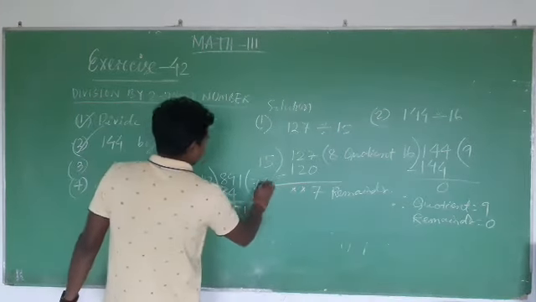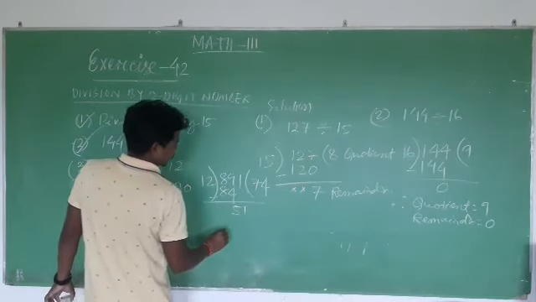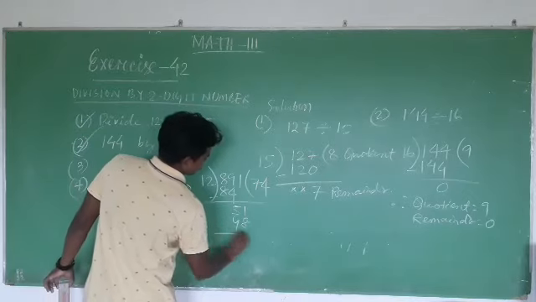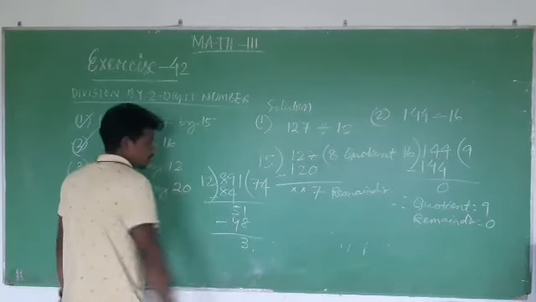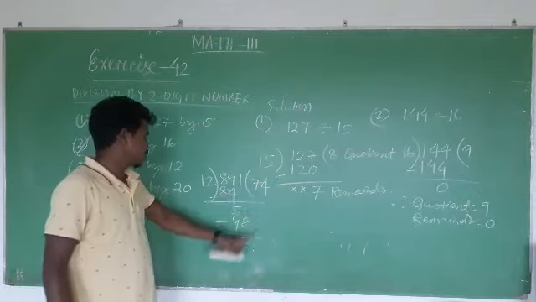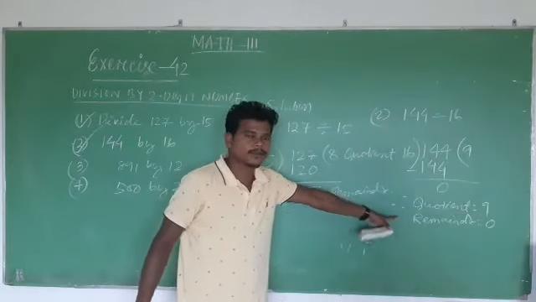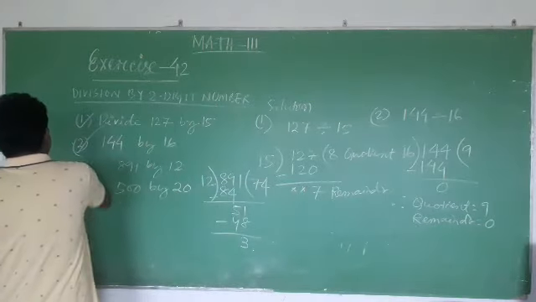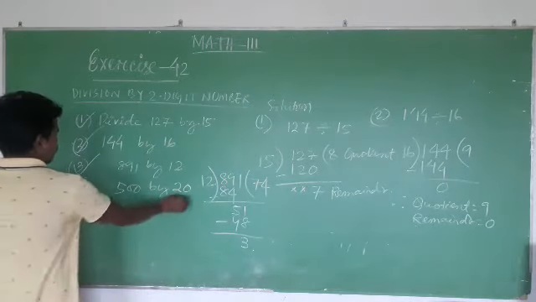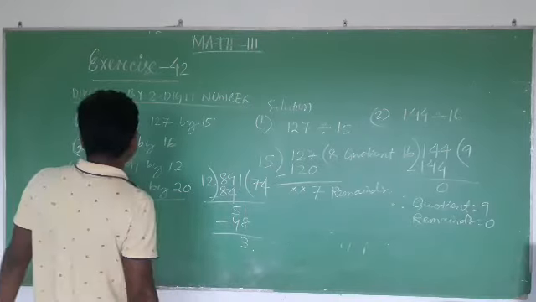So 12 4 is what? 48. Now this is equal to 3. 74 is my quotient, 3 is my remainder. Like this you need to write after doing the division, students. Remember. And this can also be done. This one is very easy.